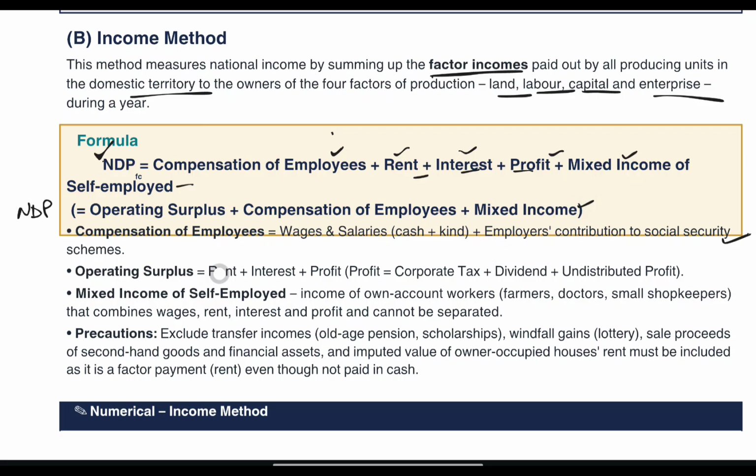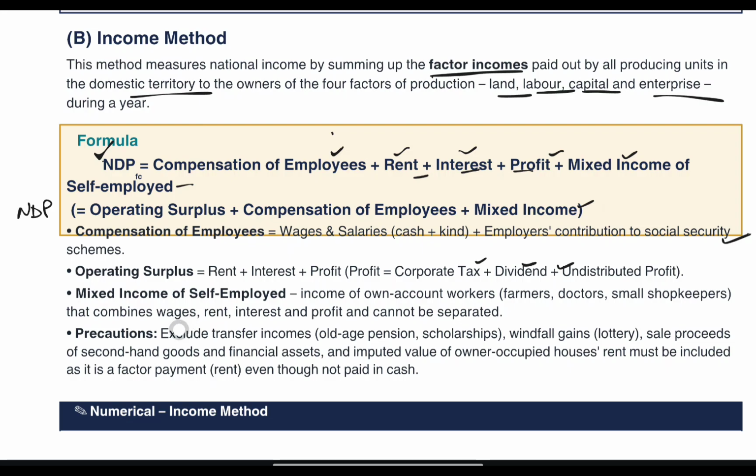So operating surplus is equal to rent plus interest plus profit, and if we want to calculate profit, then profit is equal to corporate tax plus dividend plus undistributed profit. What is mixed income of self-employed here? Income of own account workers, for example farmers, doctors, small shopkeepers, that combines wage, rent, interest and profit and cannot be separated.